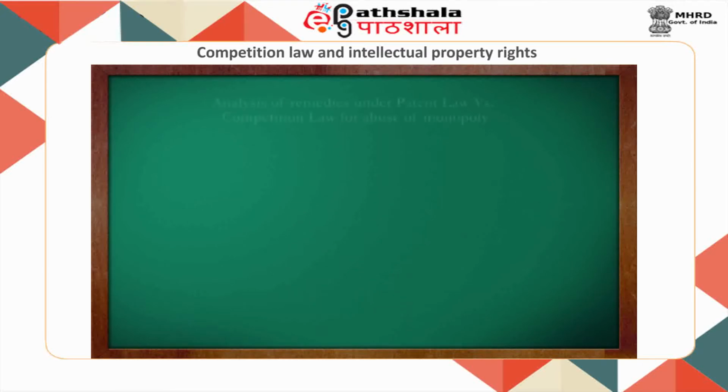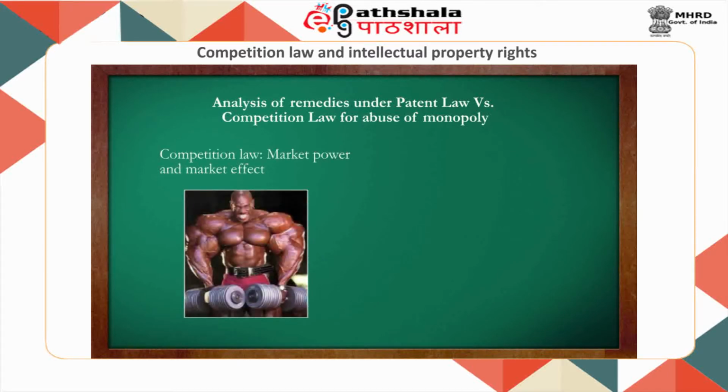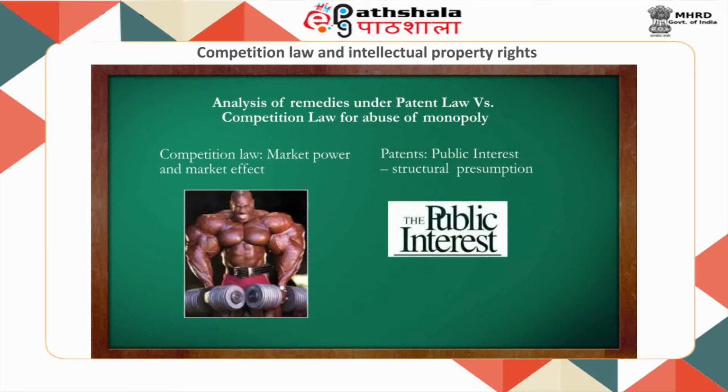But if you look into competition law, even if there is denial of access to certain essential facility, or if there are restrictive trade agreements, or if the combinations lead to foreclosure of competition, they are essentially based on evaluation of market power and market effect. Competition law does not make any kind of structural presumption in relation to either public interest or in relation to other kind of factors that are non-economic in nature.